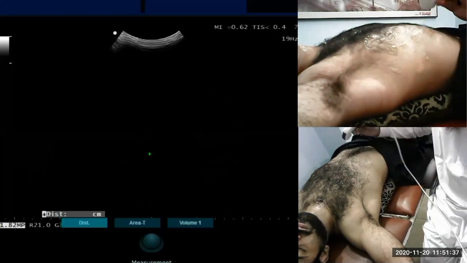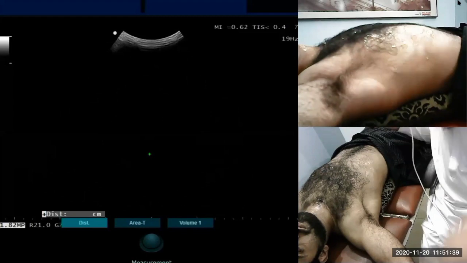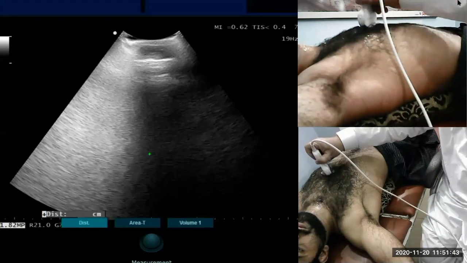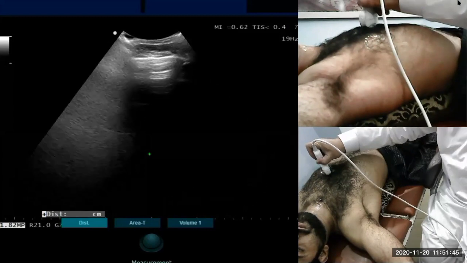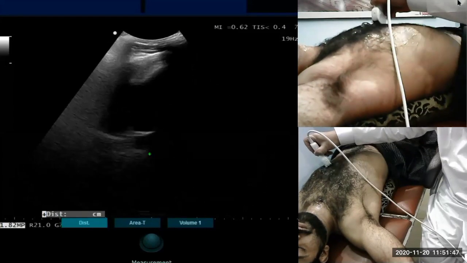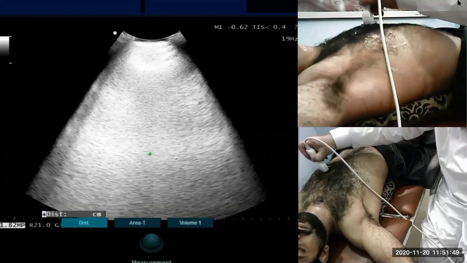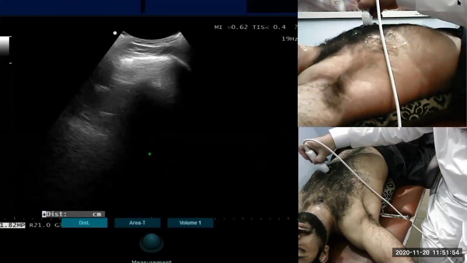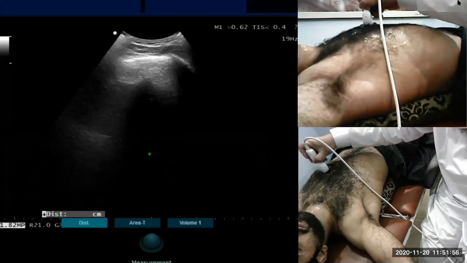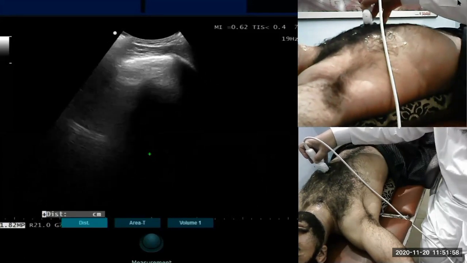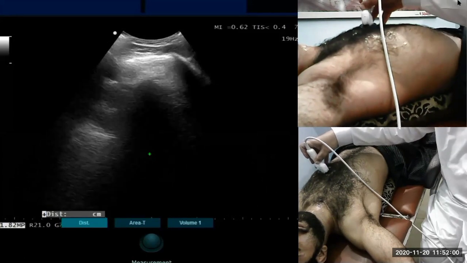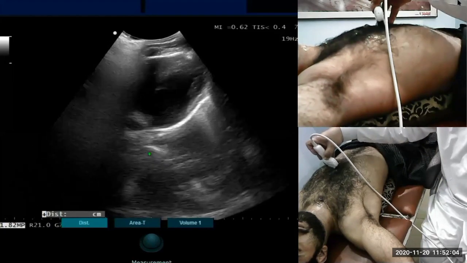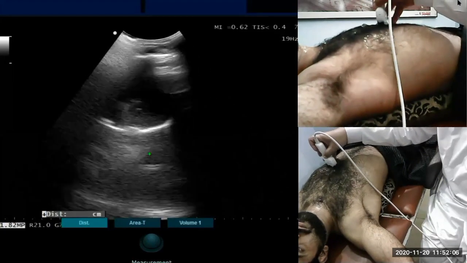Now, for the heart, we will place at the lateral sternal and chondral junction. There we are.